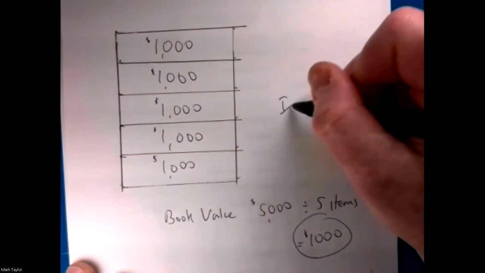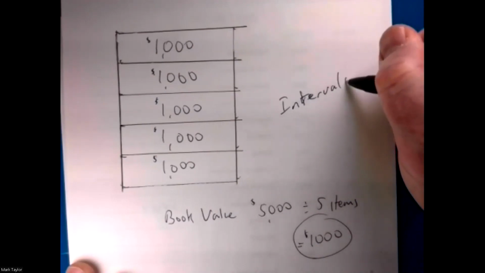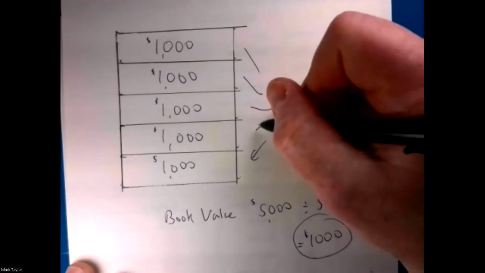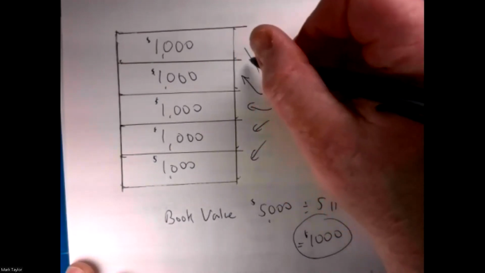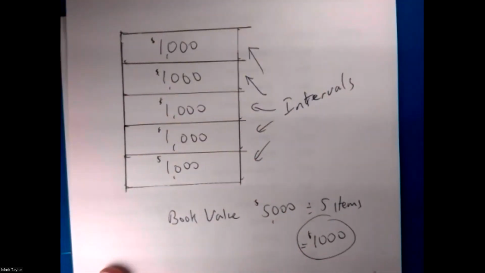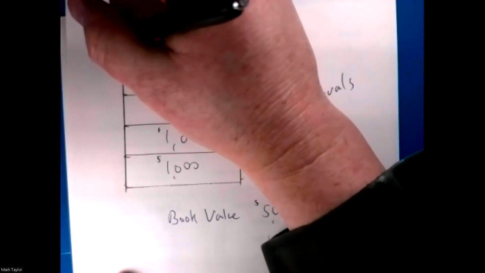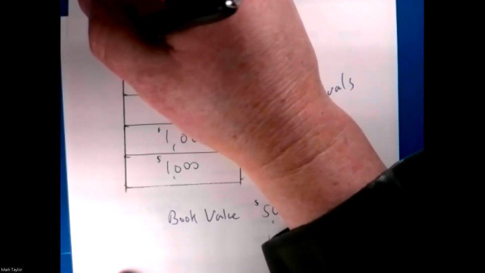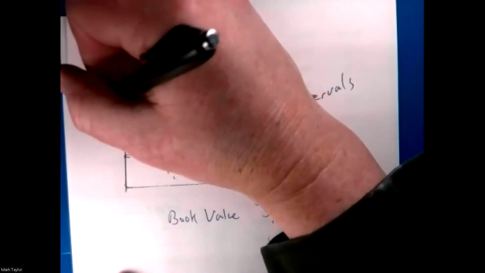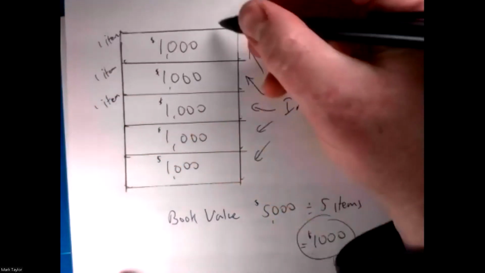These are called intervals. And from each one of these, we're going to take one item, and say that that represents the entire interval.